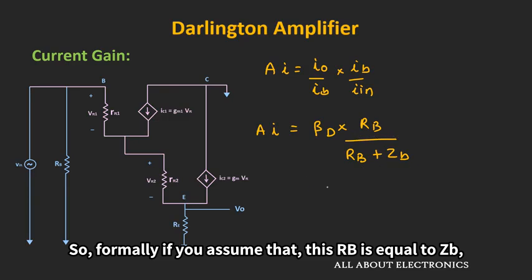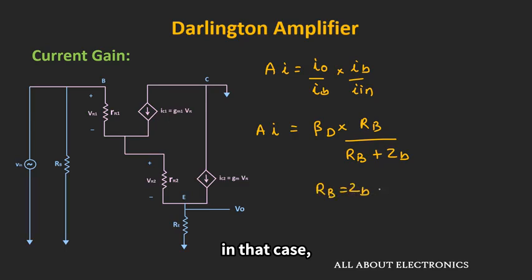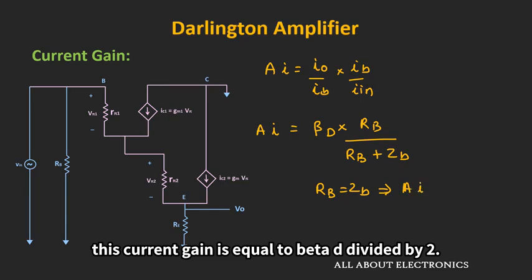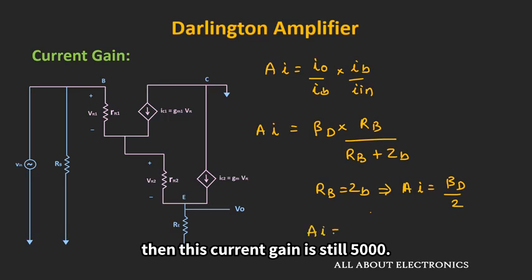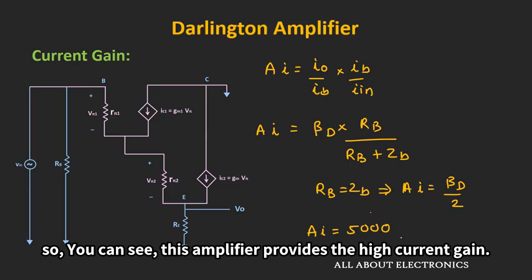So for a moment, if we assume that this RB is equal to ZB, in that case, this current gain is equal to beta D divided by 2. For example, if beta D is 10,000, then this current gain is still 5,000. So as you can see, this amplifier provides the high current gain.